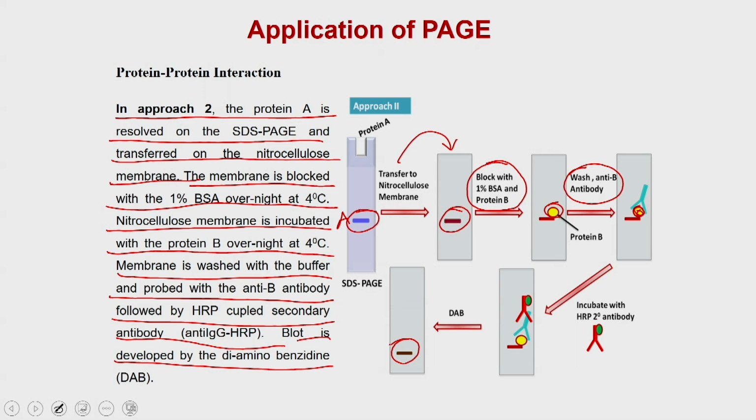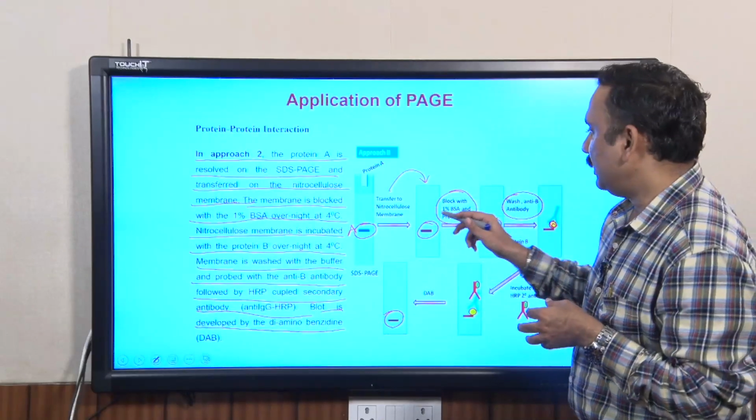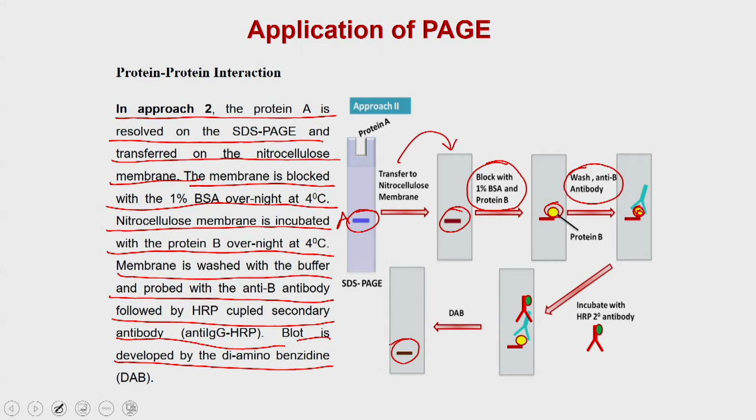In this particular approach, the precaution you have to take is to run a control gel, where the transferred A is also probed with anti-B, so that you ensure the antibodies you are using for detecting protein B are not cross reacting with protein A, because in those cases you will get the signal irrespective of whether protein B is interacting with A or not.